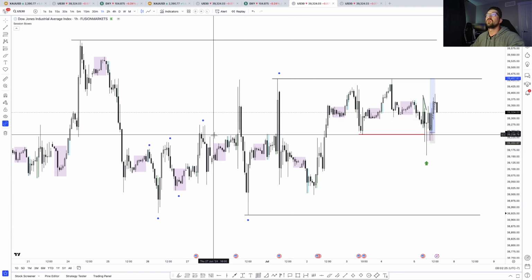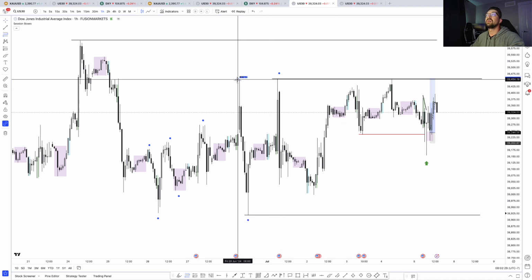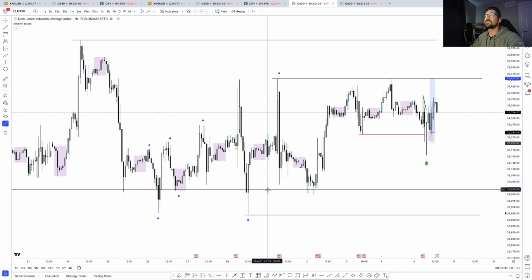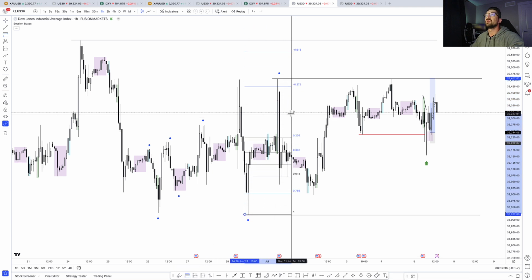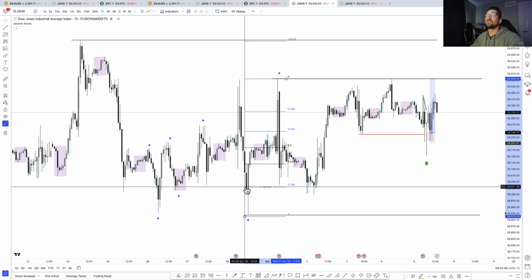So there's a couple ways of using this. Another way would be if price is going sideways and you reacted. So again, I measure this. The reaction came from the 786.